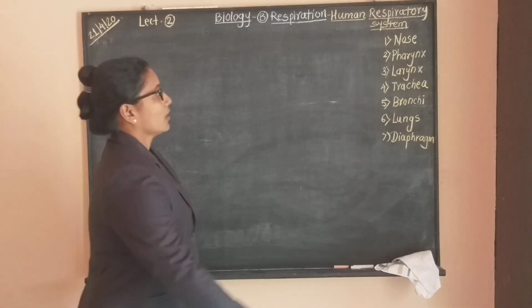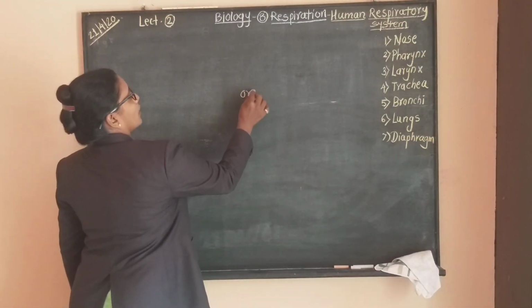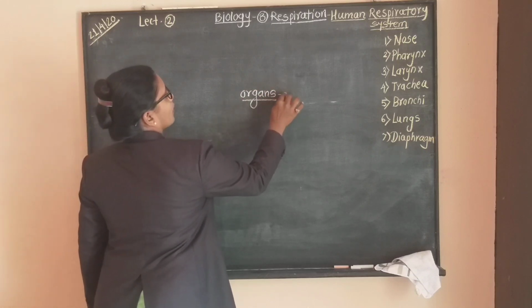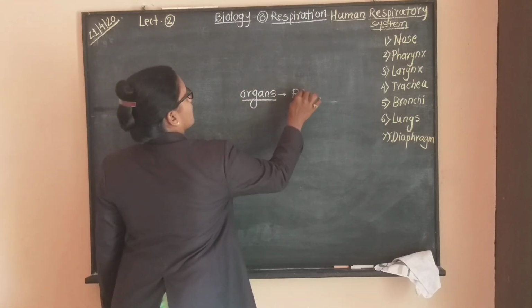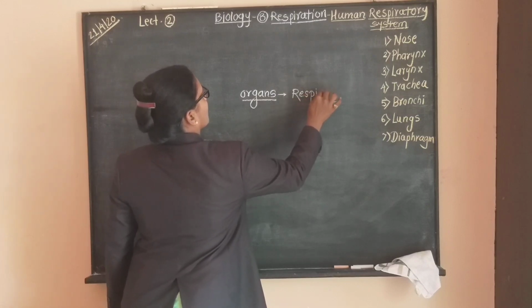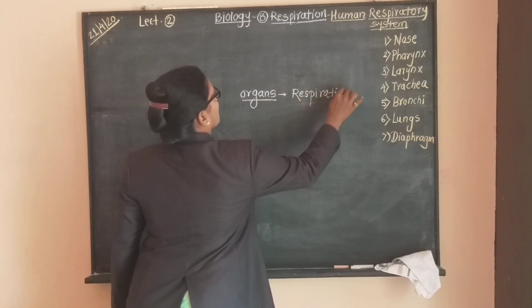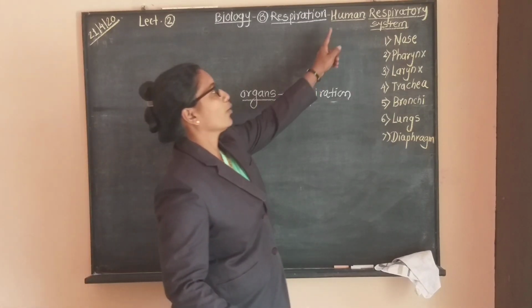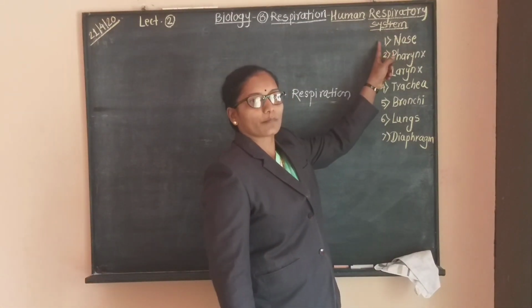Now, a system means when a number of organs collectively perform a single function, for example respiration, then this system is called the human respiratory system.